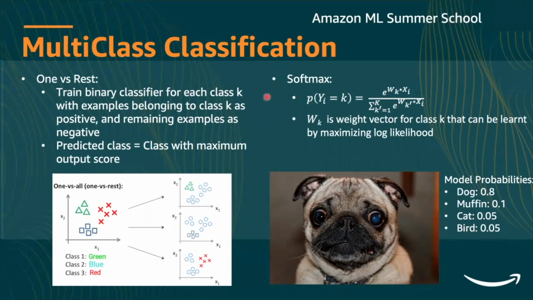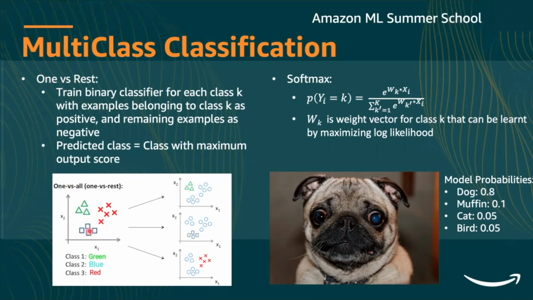There are two generally used scenarios for multi-class classification. Number one is one versus the rest. In this case, let's consider this figure. There are three different samples of three different classes. One is a triangle, one is a square, one is a cross. So what does your intuition say?